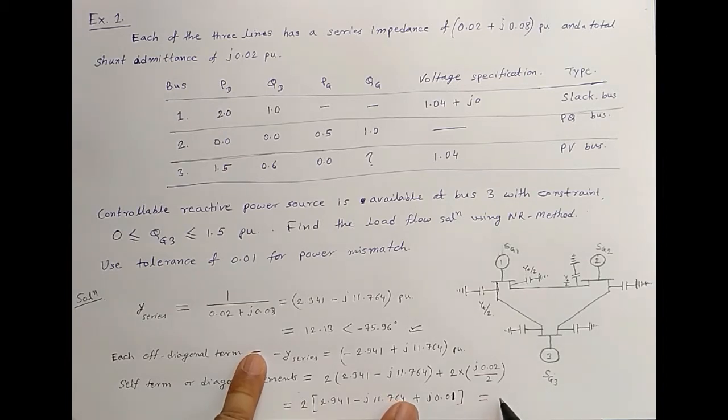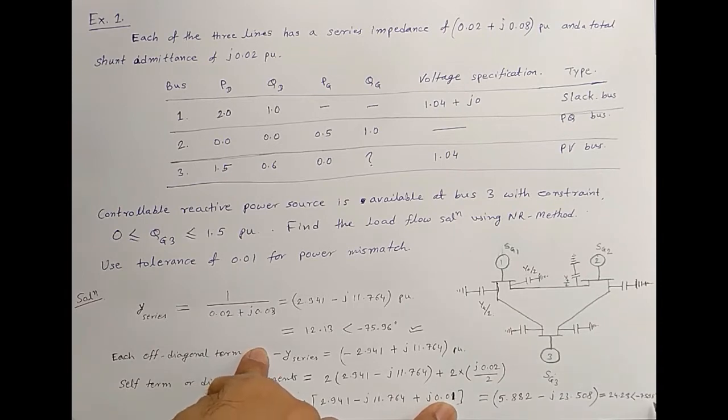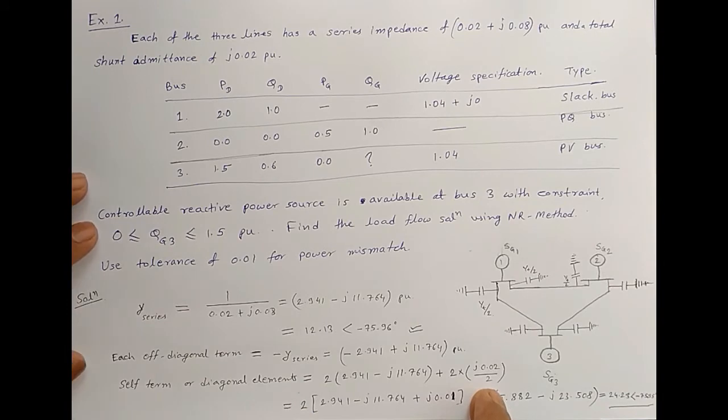After calculating, it will be 5.882 minus j23.508, and in polar form it will be 24.23 angle minus 75.95 degrees. This is in polar form.